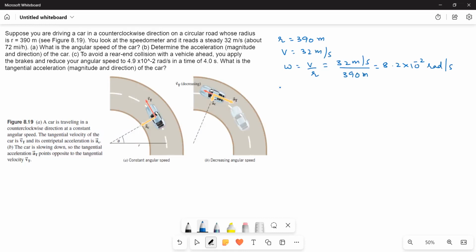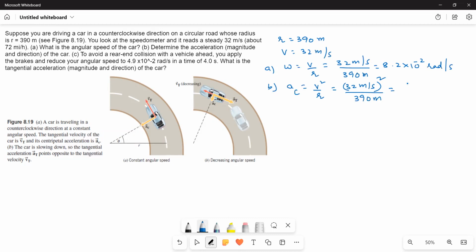Okay, and then next, this was part A. Part B: determine the acceleration, both magnitude and direction, of the car. We have to find the acceleration, and because this is a circular road, the acceleration is the centripetal acceleration. Centripetal acceleration means V squared over R, so (32 meters per second) squared divided by 390 meters.